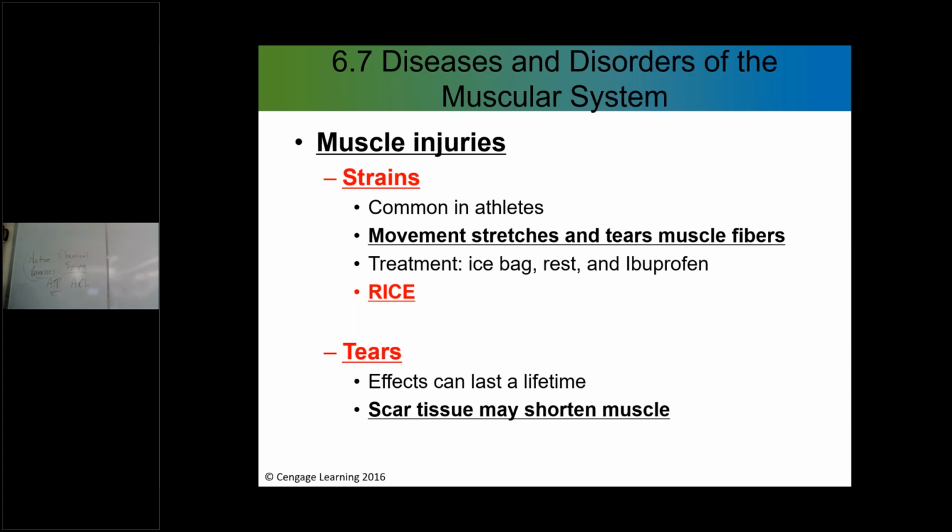So strain, sprain, we need to know the difference between the two. You'll see here that I put RICE. As far as treatment is concerned, RICE stands for rest, ice, compression, elevation. When you have some type of musculoskeletal injury, RICE is important: rest, ice, compression, elevation.